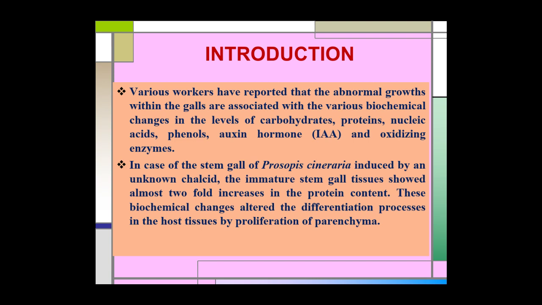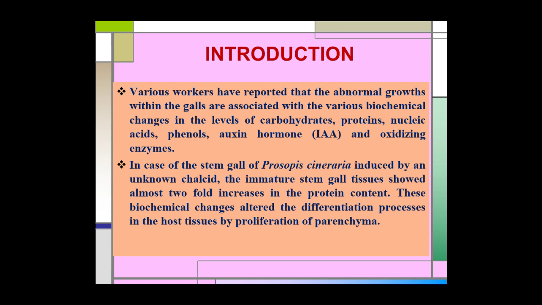Various workers have reported that the abnormal growth within the galls is associated with various biochemical changes in the levels of carbohydrates, proteins, nucleic acids, phenols, the auxin hormone IAA, indole acetic acid, and oxidizing enzymes.